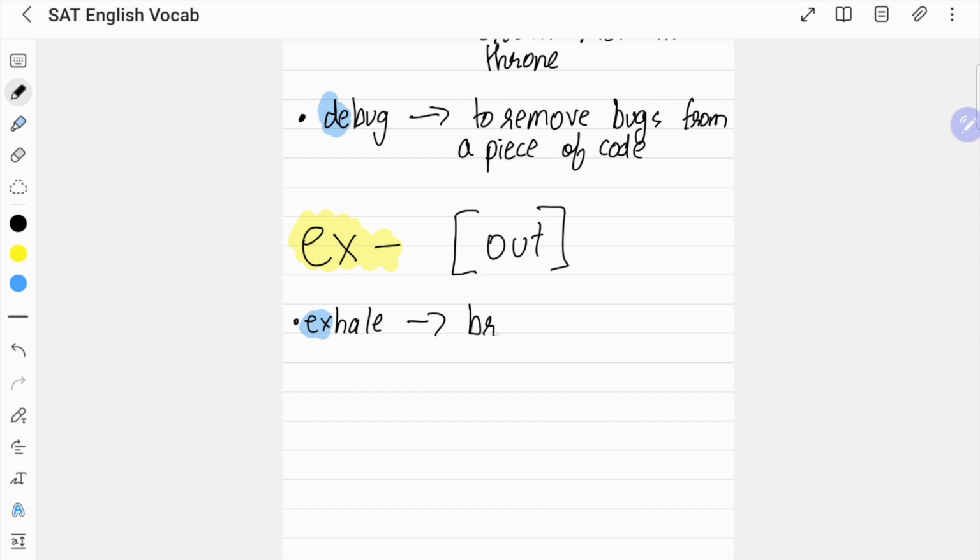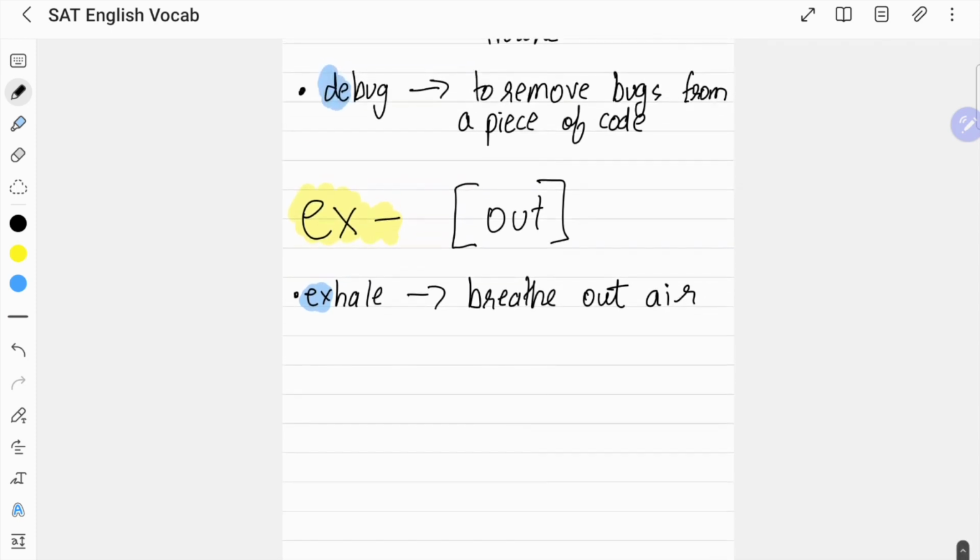To breathe out air. We can use the word excavate to dig out. We can say ex-congressman.